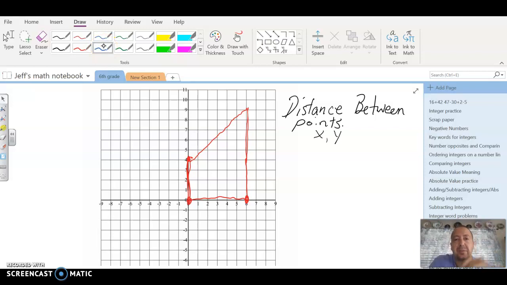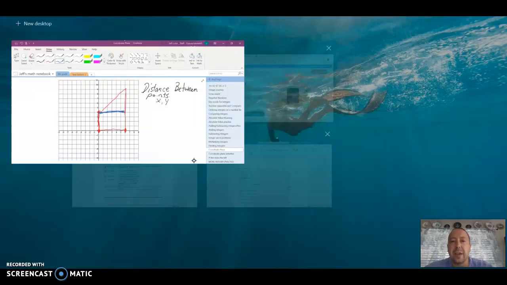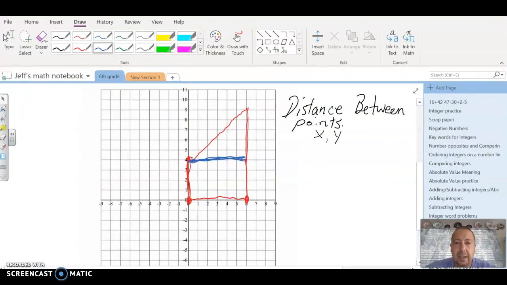But if I'm looking at this particular figure, I see maybe I can cut this right here, and that way I form a rectangle and a triangle. So I'm going to use those two shapes now to get my combined area.